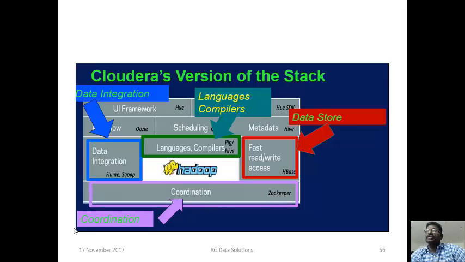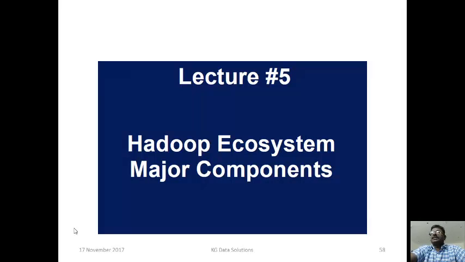You need to store the data and you need to retrieve the data, right? We'll also be talking about Oozie, which is a workflow. Proceeding to lecture 5, we'll see the different components which we talked about in detail. We talked about Pig and Hive, and we'll be talking about all those components in detail.